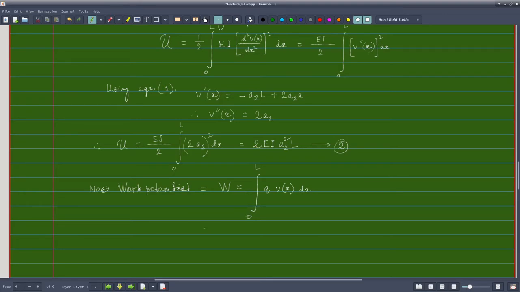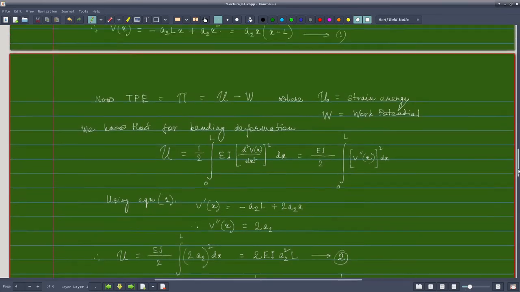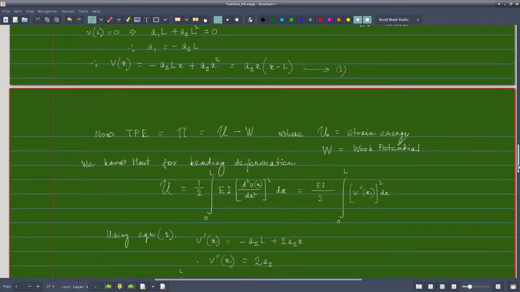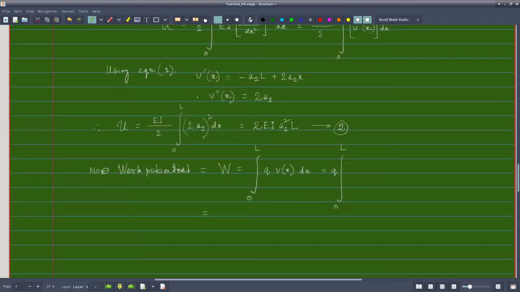By putting the value of Vx, this will be 0 to L. Q is a constant, so I can take it outside, Q, and my Vx was a2x square minus a2lx, dx.